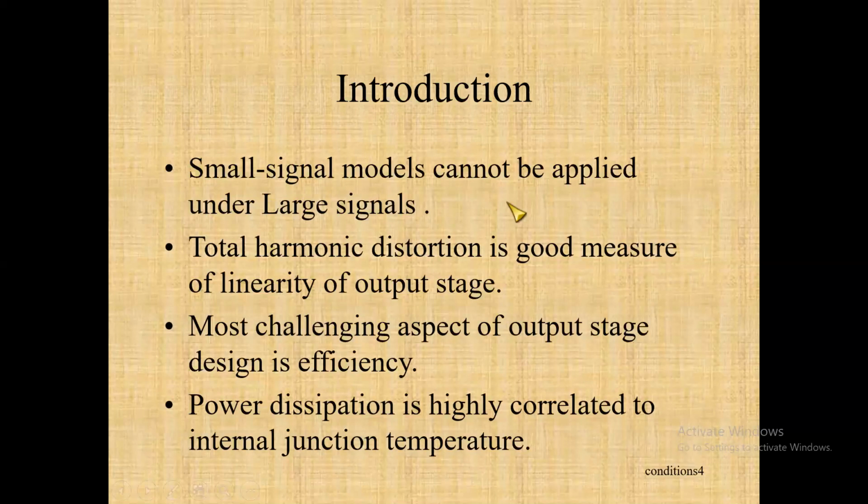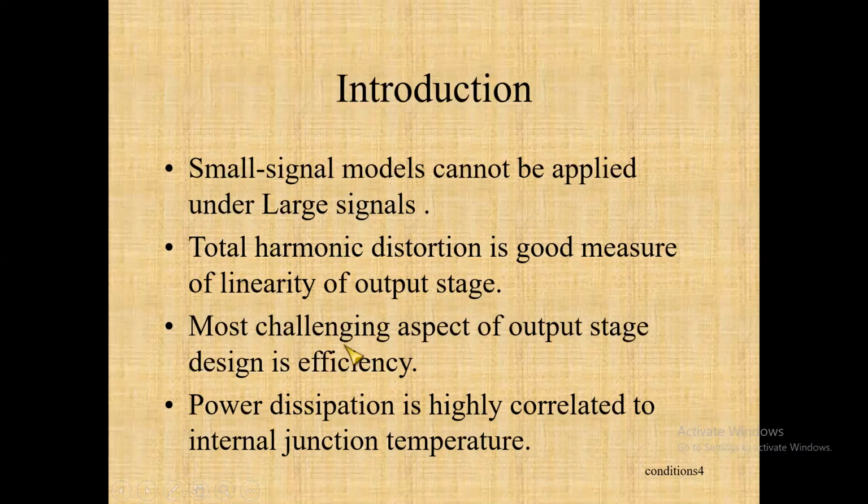So when we are using large signal amplifiers, under that condition we can't use the small signal models. And also whenever large signals are there, harmonic distortion is an issue because transistors are generally nonlinear devices, and hence there will be some sort of harmonic distortion.